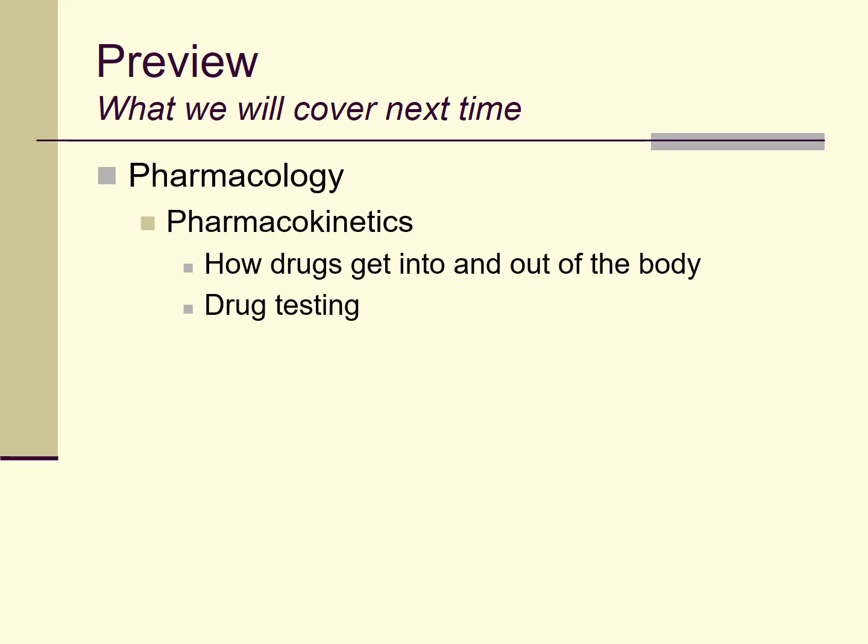I want to talk a little bit about that, and also about drug testing, a related and important issue. In the lectures that follow, I'll talk more about pharmacology, including some elements of pharmacodynamics, looking at why and how people respond to different drugs, why there are individual differences in how people respond to drugs, and so on. But for the time being, think about the material we've just covered.